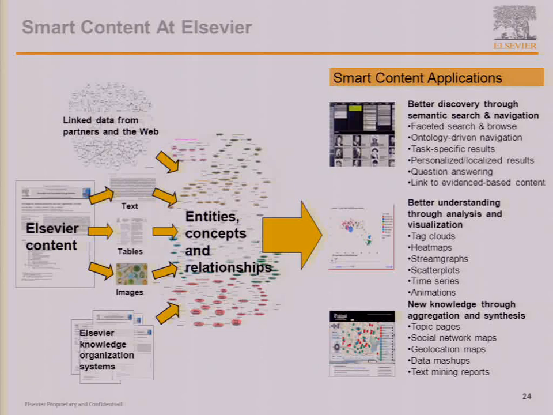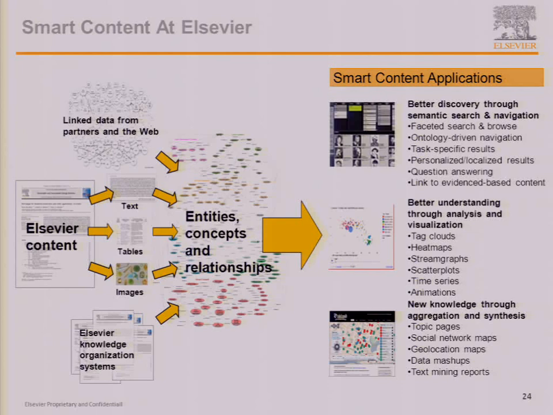And once we are able to link to it, not only are we providing just the Elsevier content there, we are able to integrate it with content from Europe or from a different organization in a very, very transparent manner. We're able to improve our search and discovery process with this.